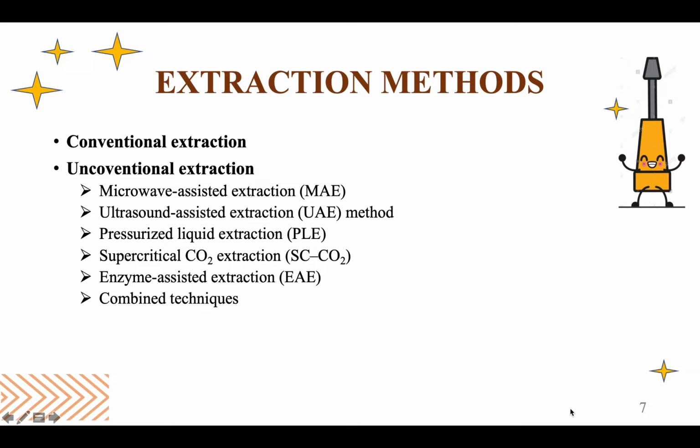In the unconventional extraction, we have five assisting techniques that will assist the extraction. The first is microwave, the second is ultrasound, the third is pressurized, the fourth is supercritical and enzyme assisted, and the last is a combination of the techniques.